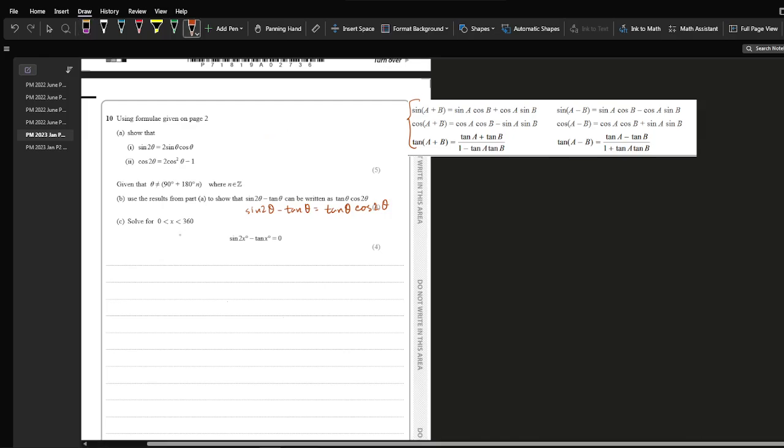Okay, prove that this. So what we can do is sine 2 theta is equals to, you can write it as sine theta plus theta. When you write like this, it's kind of like you've already solved it. So we just use this: sine theta cos theta plus cos theta sine theta.